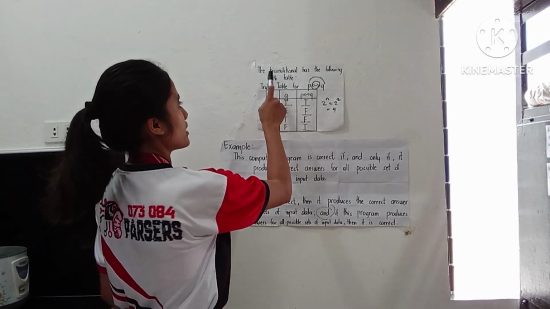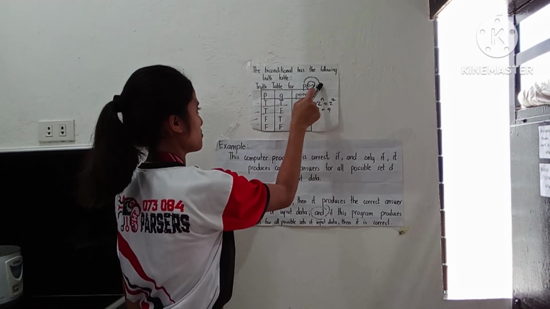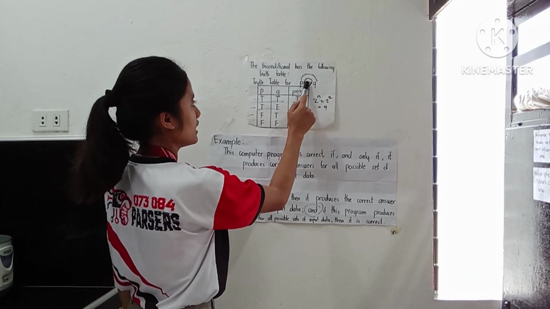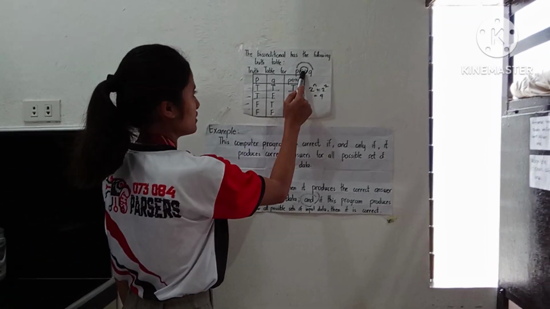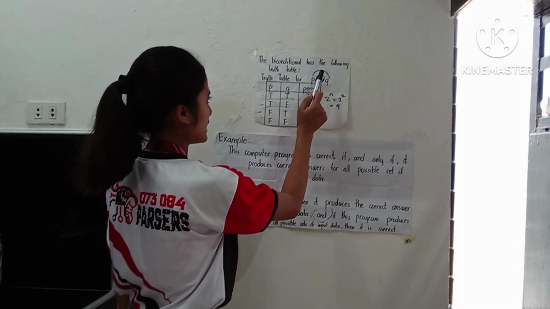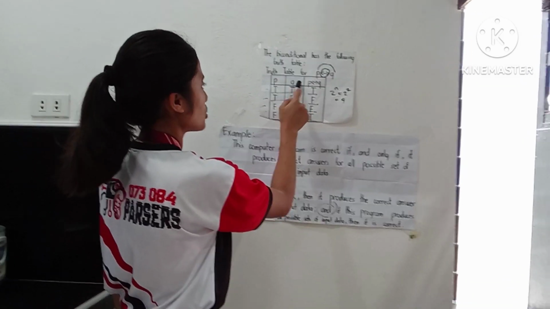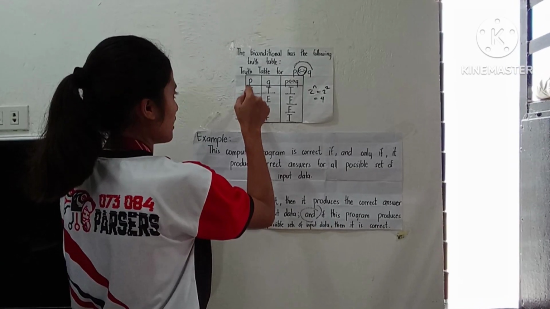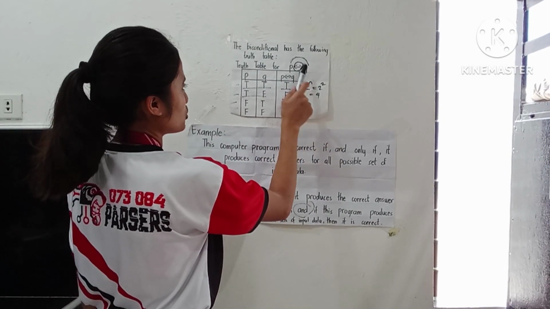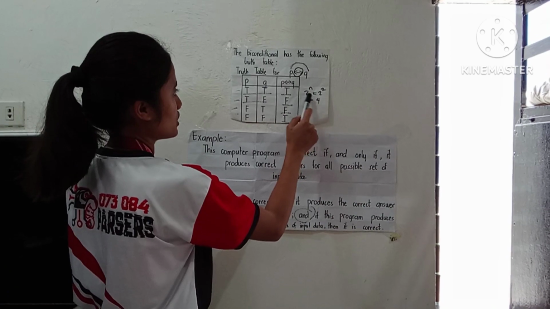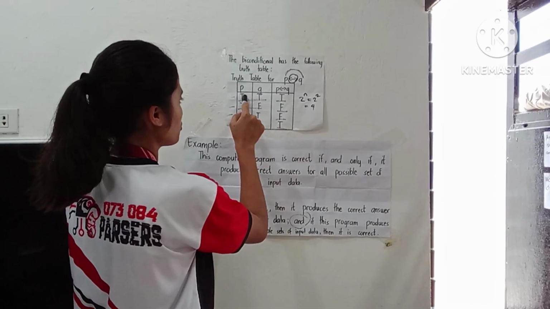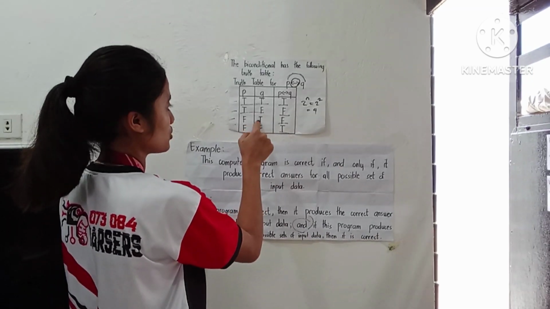Okay? The biconditional has the following truth table. So this is the truth table for biconditional, and this is the symbol for biconditional, or if and only if. So P and Q, or P if and only if Q. There are two variables, so the formula is 2 to the power of n, which is 2 to the power of 2, equals 4. So true, true, false, false, true, false, true, false.